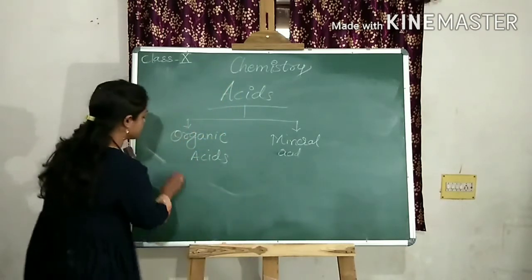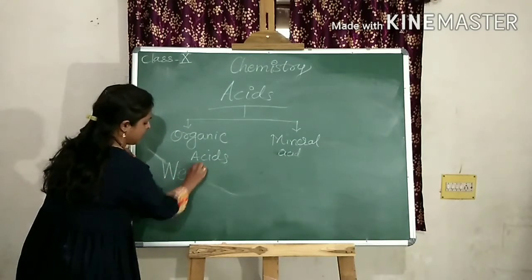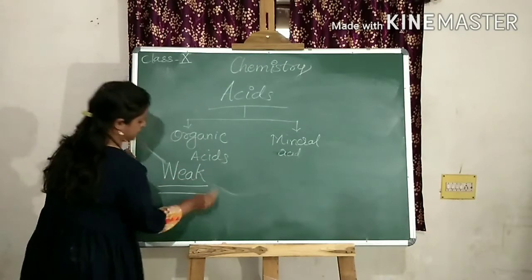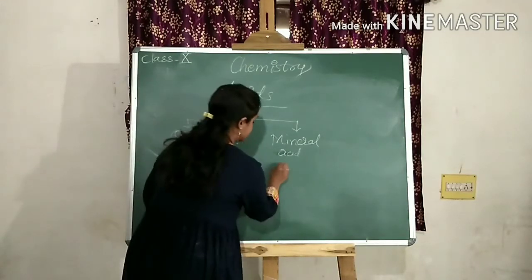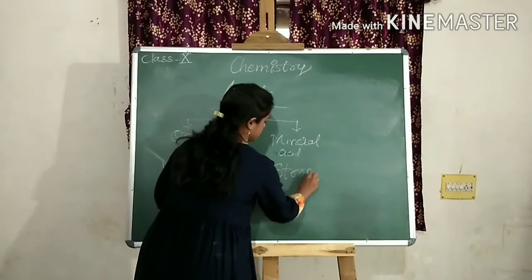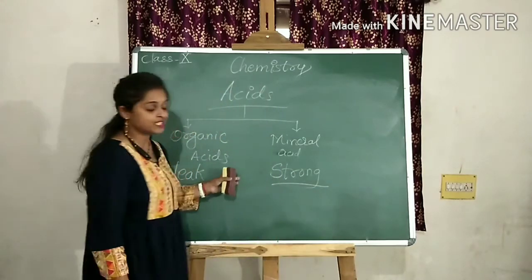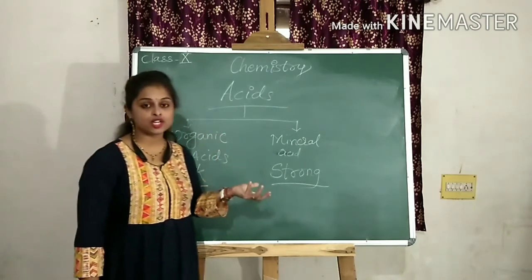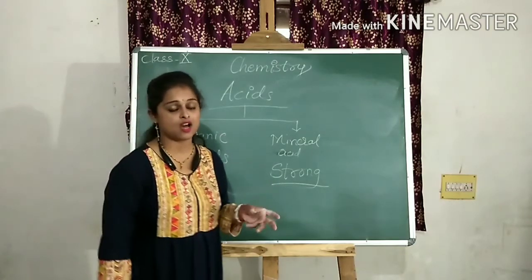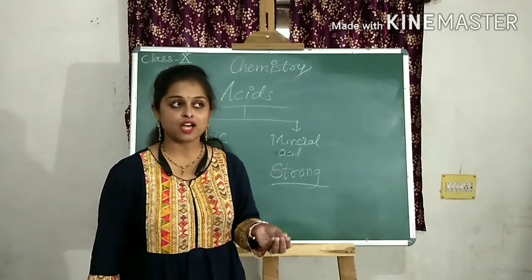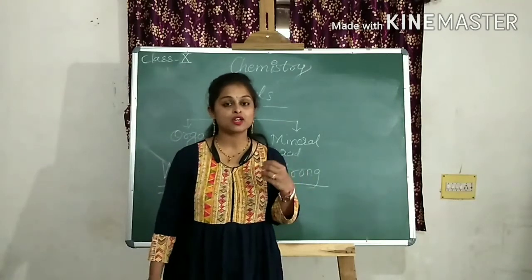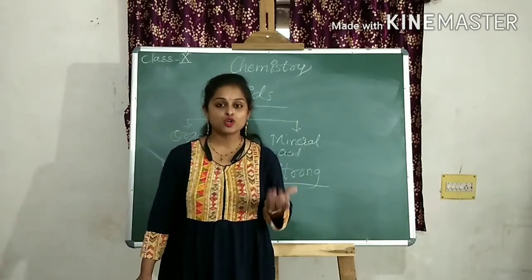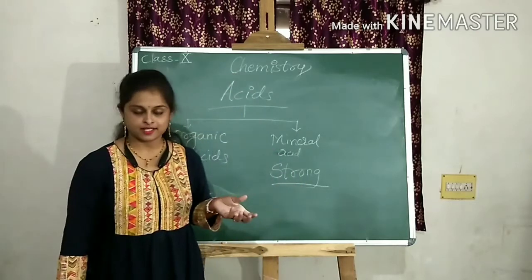It means they are weak acids. And mineral acids are strong acids. Organic acids are naturally occurring acids. They are acids which are made from plant parts, so they are called organic acids.